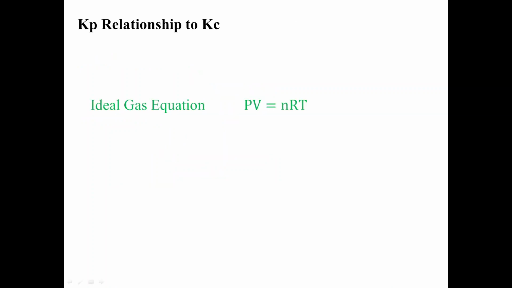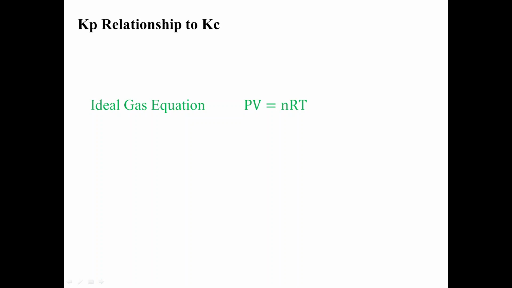So normally if you're working with molarity, use Kc. If you're working with atmospheres, use Kp. But sometimes you're going to have a mixture of the two. So to get into this relationship between Kp and Kc, I want to talk about the ideal gas equation.